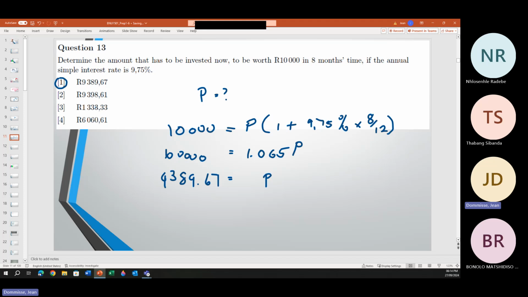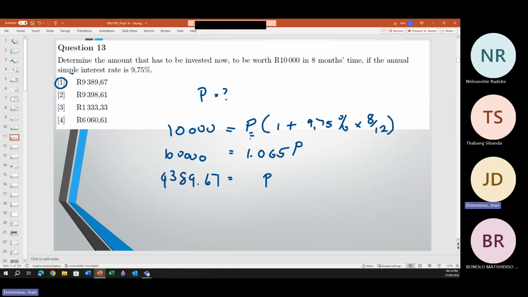Okay, so still simple interest, but here we now needed to work out what is your present value and not what would have been your final value or your interest rate or anything like that. So that was the one that we needed to do with this.